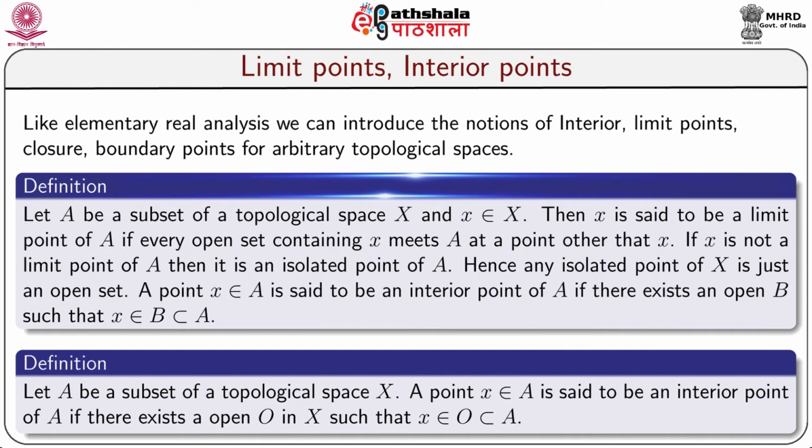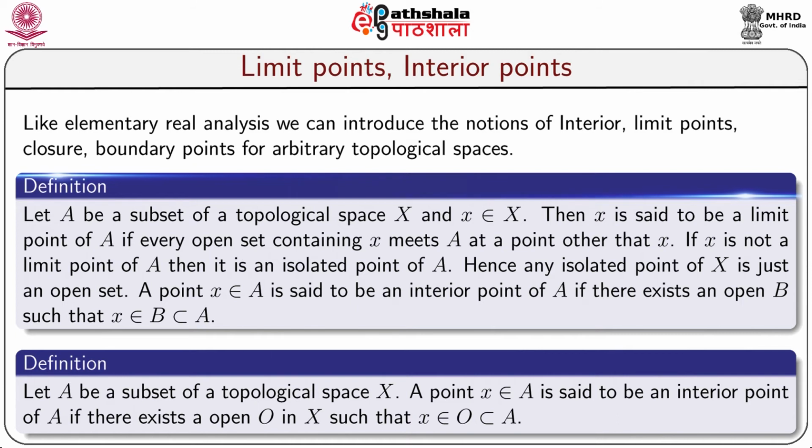For example, in the usual topological space R, every real number is a limit point of the set of rational numbers, or every real number is a limit point of the set of irrational numbers. In an arbitrary topological space, a point which is not a limit point will be called an isolated point.